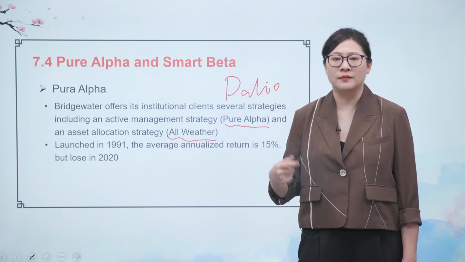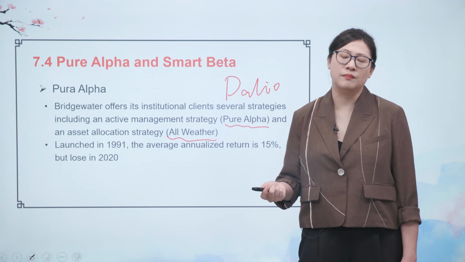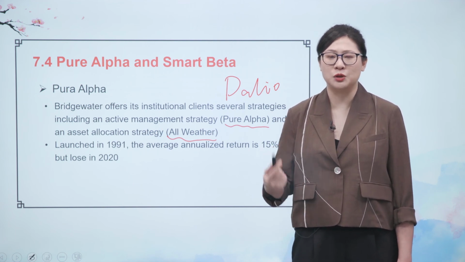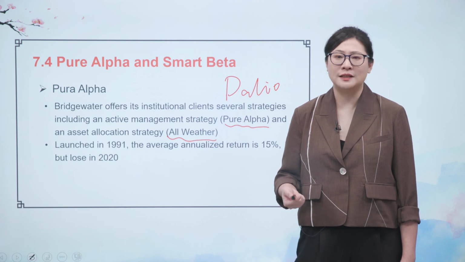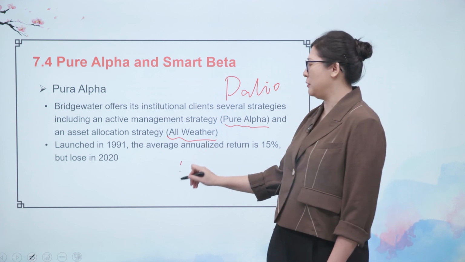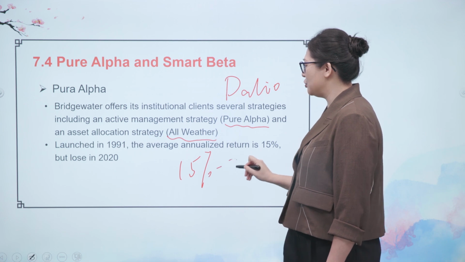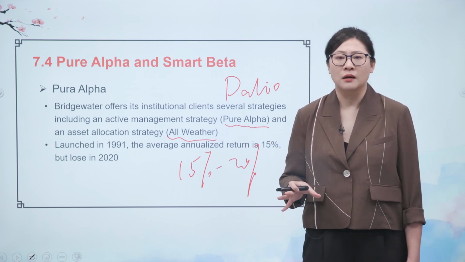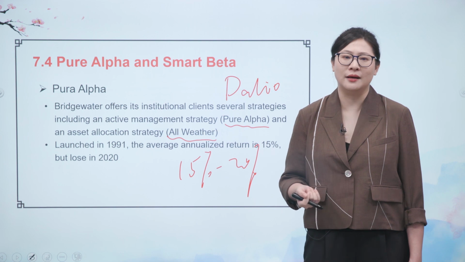But interestingly, in China, hedge funds doing some strategies in the recent 5 years have had an average return between 15% and 20%. So it is still a higher return in China.